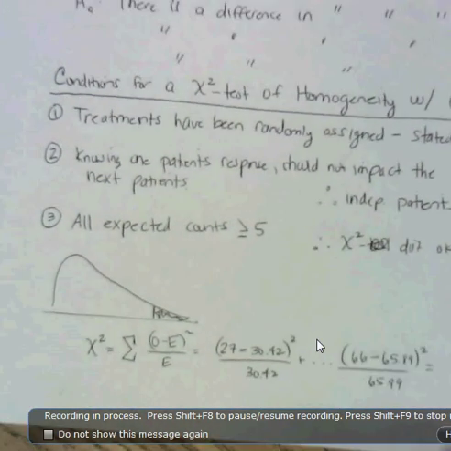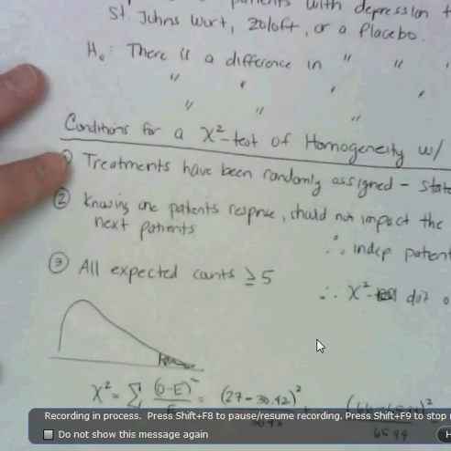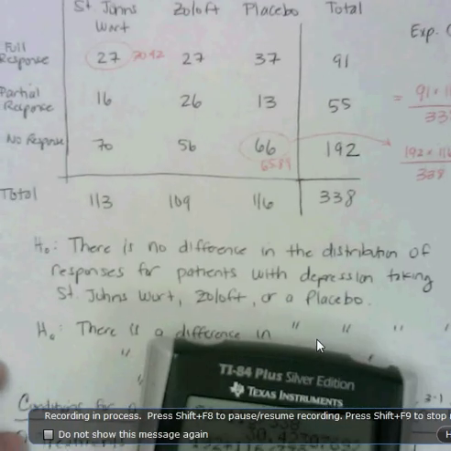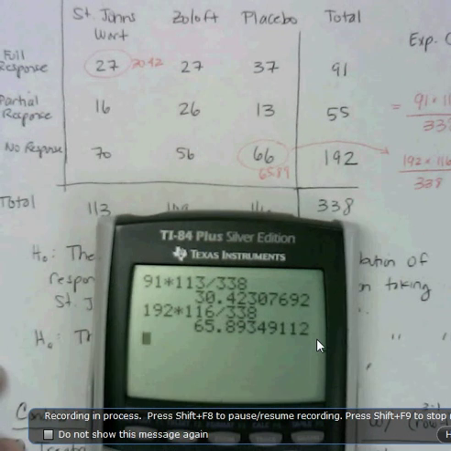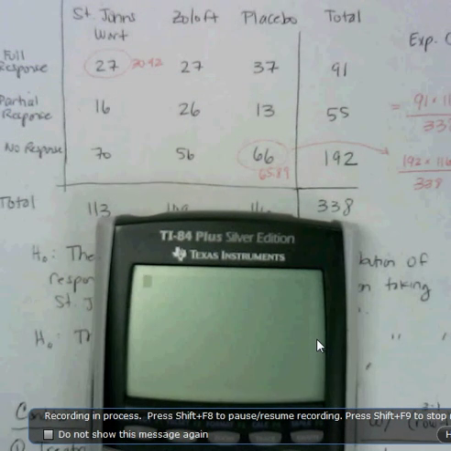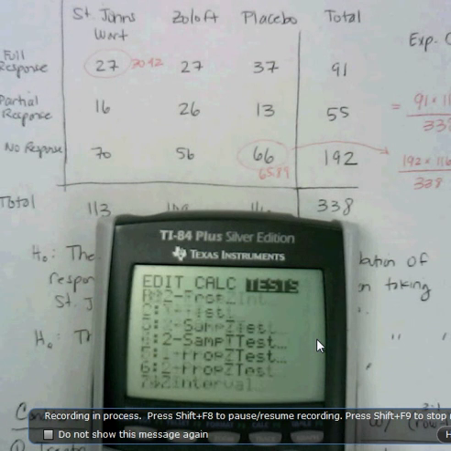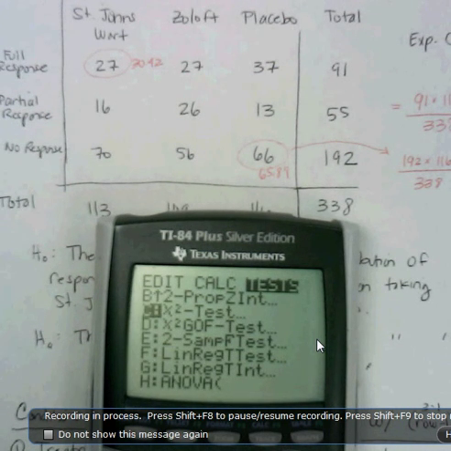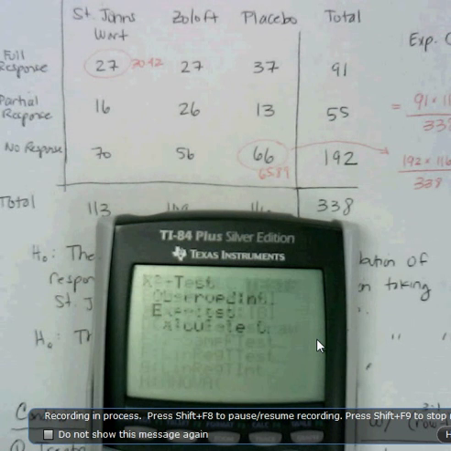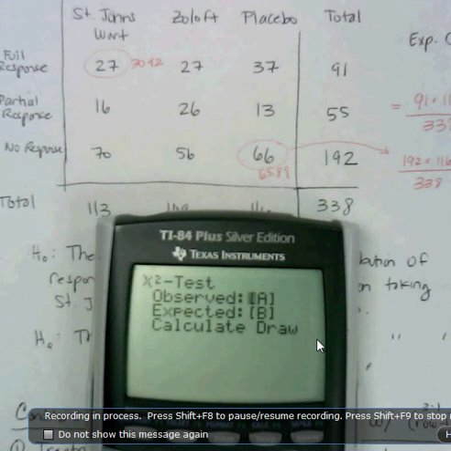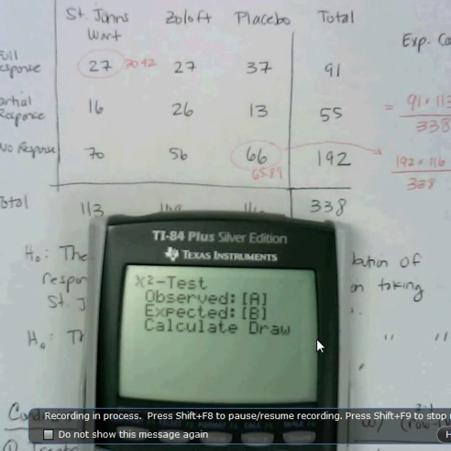And here is how you're going to use your calculator. So we're going to need this on the screen and your calculator on the screen. So stat, test, and there is your chi-square test. And when you hit your chi-square test, all of you should have this, you're going to see observed and expected, and those are actually matrices.